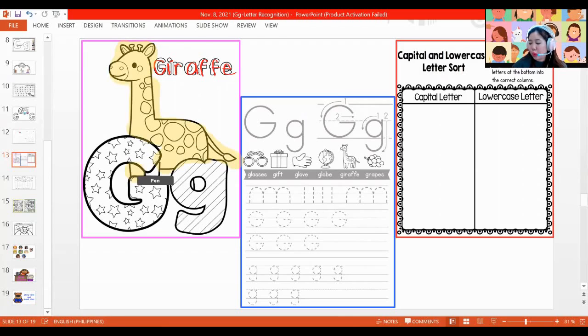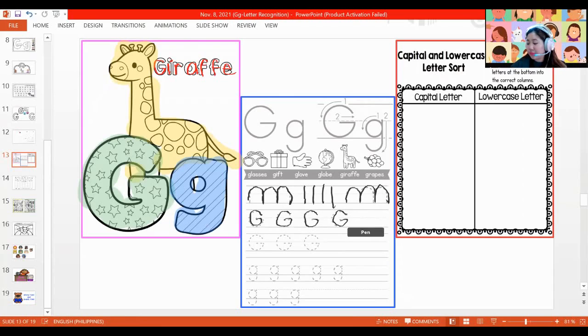And we have to color our capital letter G and our lowercase letter G after. And when we're done with this, we are going to have tracing lines, and also trace and write our capital letter G.